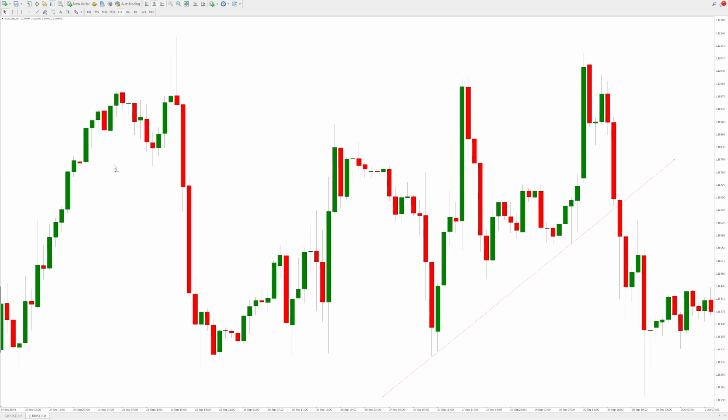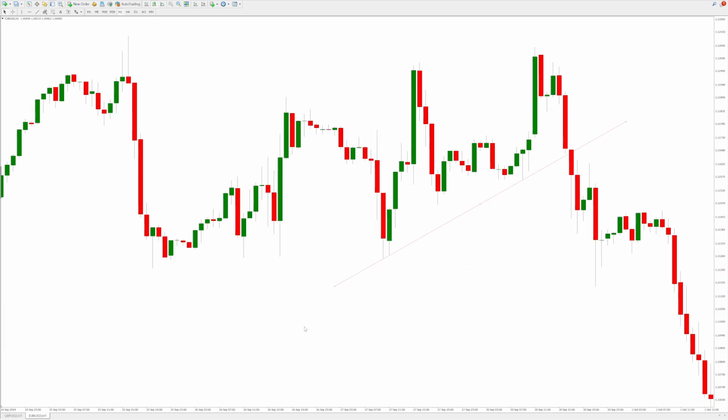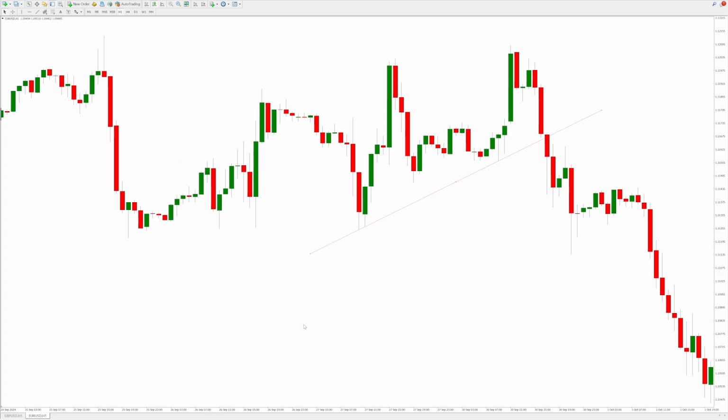Hopefully not. If you sold there, not only are you selling at the low of this move, you're also selling near a support level. So this is not a candlestick pattern that you want to just jump in and start taking trades from. You want to confirm it with other market analysis, which is what we will do now.